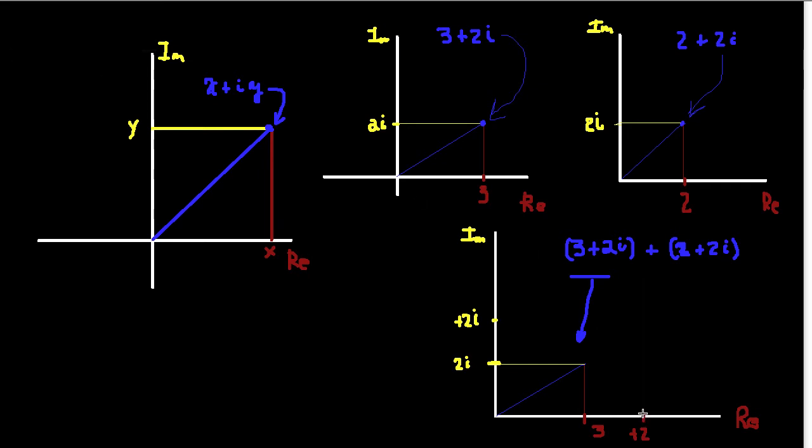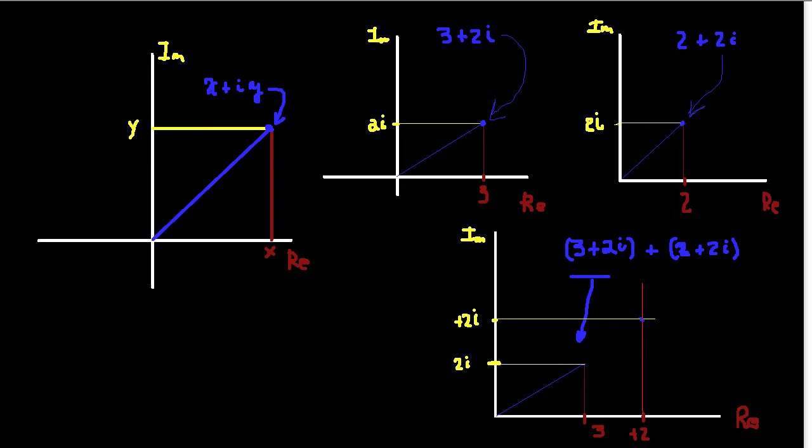So I go out to this point, and then I go up an additional 2, which is what I get when I add the 2i of the second complex number to the 2i of the first complex number. I plot this here, and this point right in here represents our new complex number, which is the sum of the two numbers.